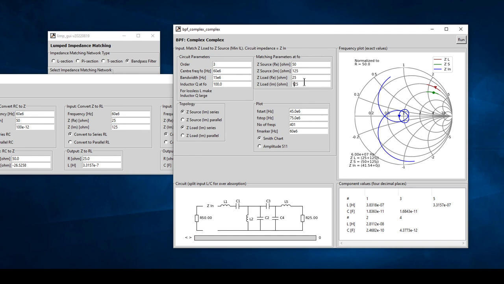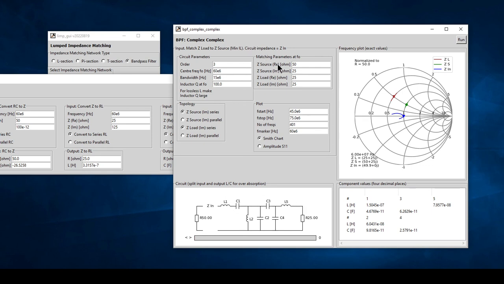Let's make this 25-25. We run this. And 50-25, so we make our source 50-25, and we run this. Okay, so let's just check 50-25 and 25-25, and it tells us that we have over-absorption on the input and the output. So that means we must split L1 and L5.